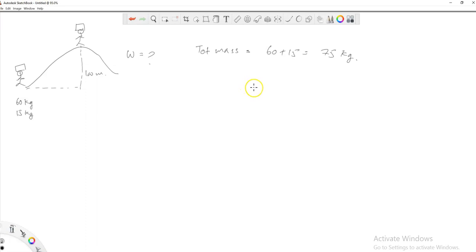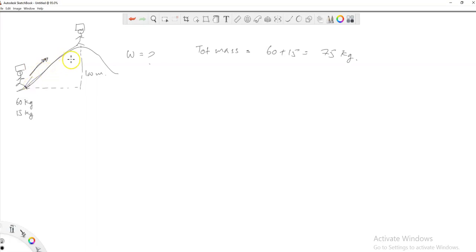Now what kind of force does he have to apply? So he's going this way. We can make it very complicated and find how much force he has to apply in this direction, and then calculate this distance along the hill, which is not a straight line, it's kind of curved, right? So that's going to be even trickier, and then multiply that weight component by the distance to find the work.